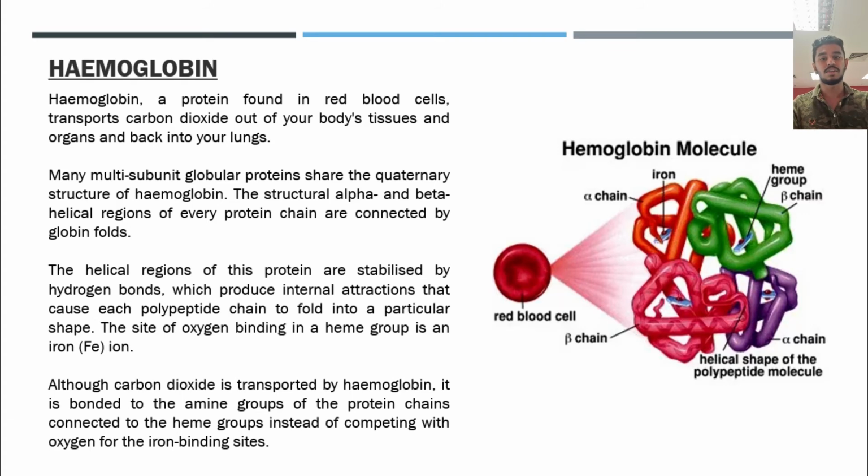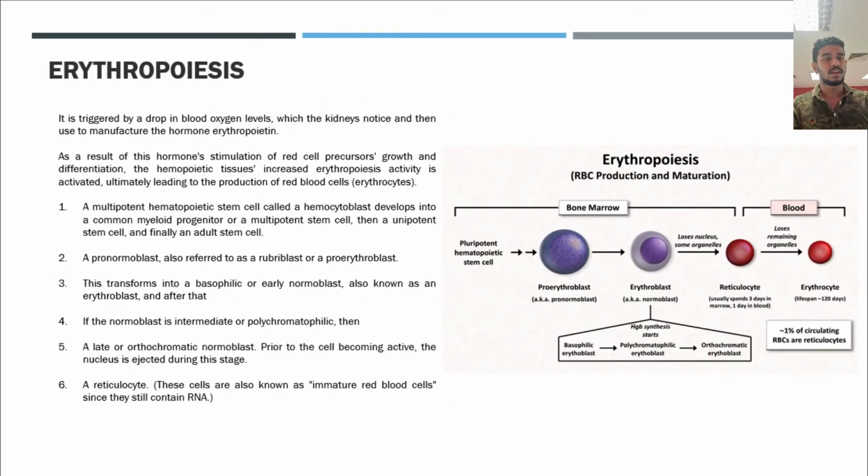So the hemoglobin in one red blood cell can carry 4 oxygen molecules and 4 CO2 molecules.